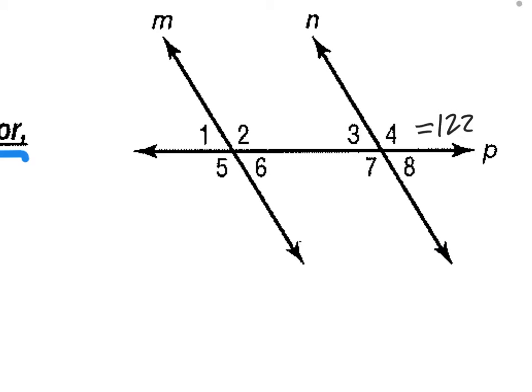Again, I know that angle 4 is 122 degrees, and here's your quick reminder that angle 4 and angle 7, angle 2 and angle 5 all are the same angle. Angle 3, angle 8, angle 6, and angle 1 are also the same angle.